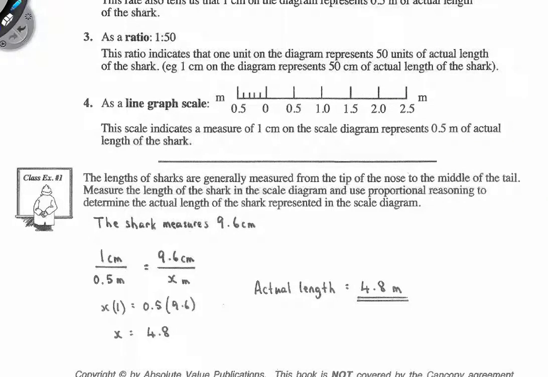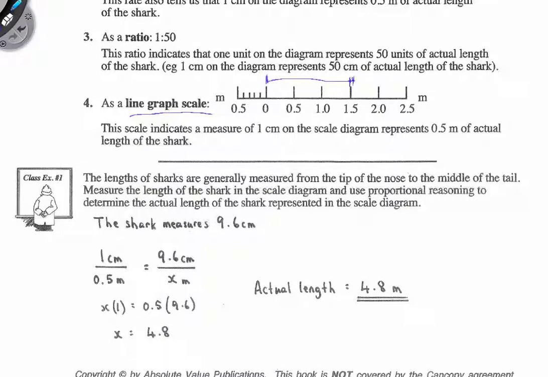So this line scale is actually what you would typically see on a map. It gives you the actual scale of the drawing. It would typically be included with a map or with the shark, so you could take a measure, say from this point to this point, and know that the distance was actually 1.5 meters in real life.